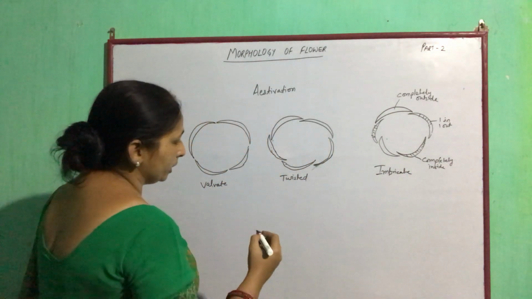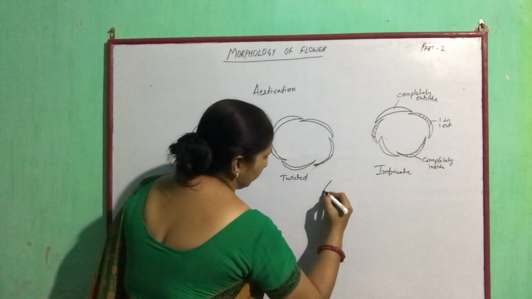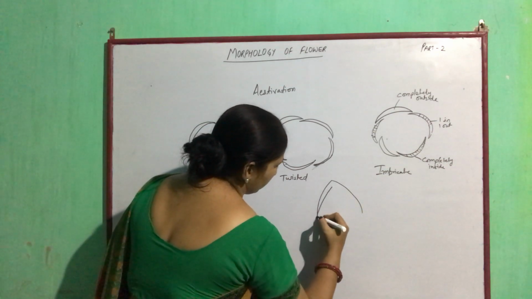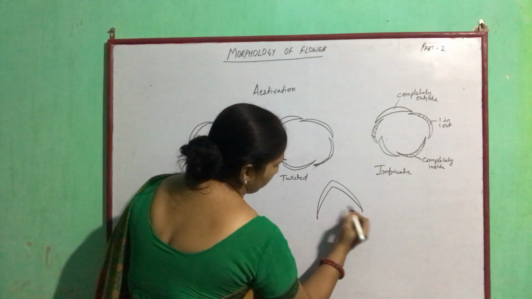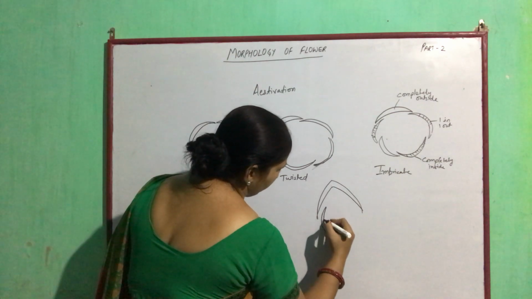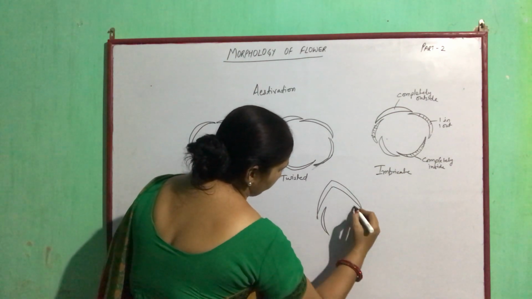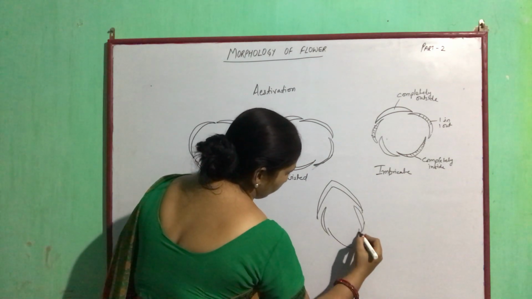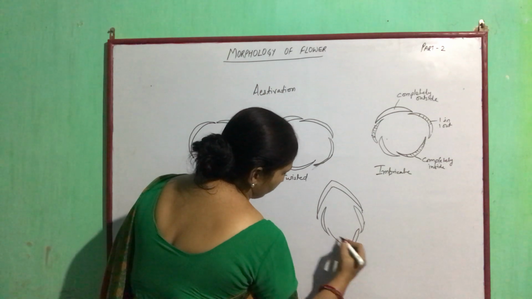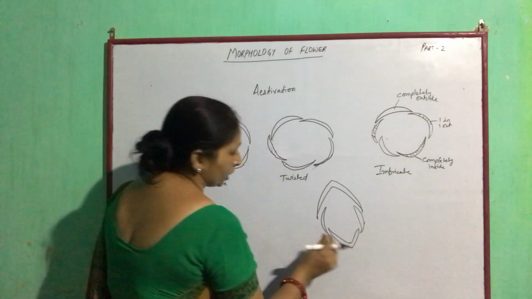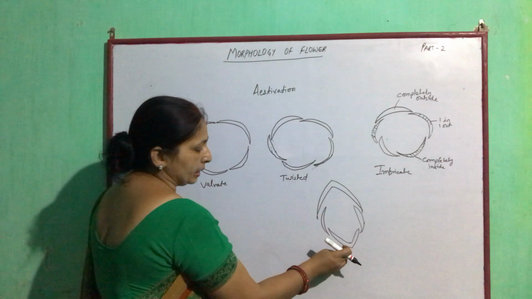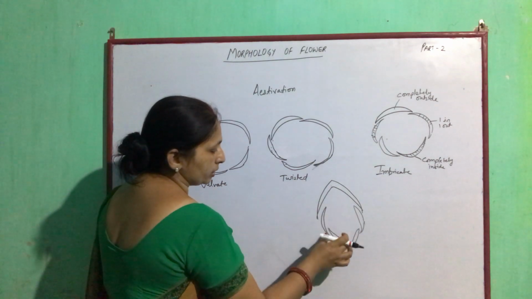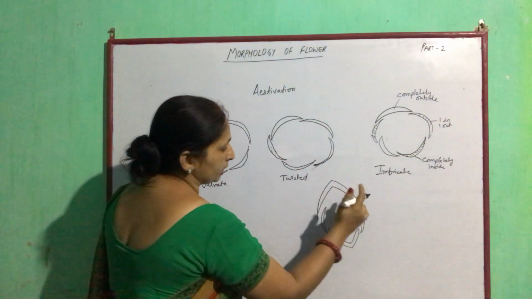One more, the last one, is the vexillary, where only 4 structures you can see would be like this. These 2 petals or sepals fuse to form a single one. These 2, one outside, one inside, and this forms a keel.